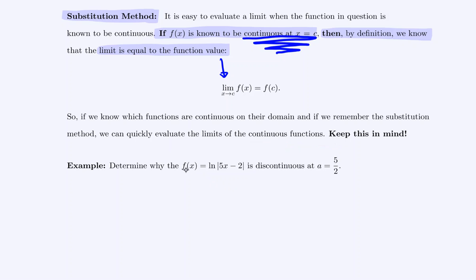So let's determine why this function is discontinuous at a equal to 2/5. So it's telling us why is it discontinuous. Well, first of all, let's plug in the value, because the first step of showing if it's continuous is seeing, does the function value exist?